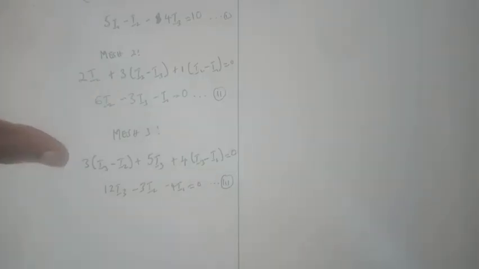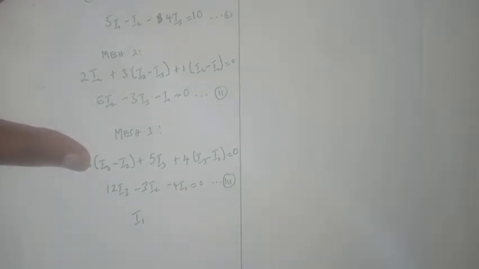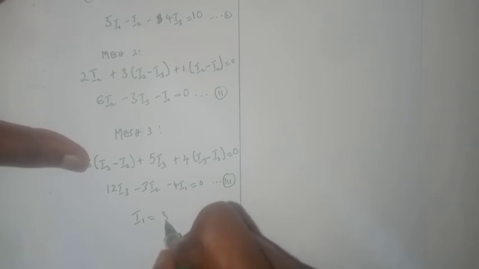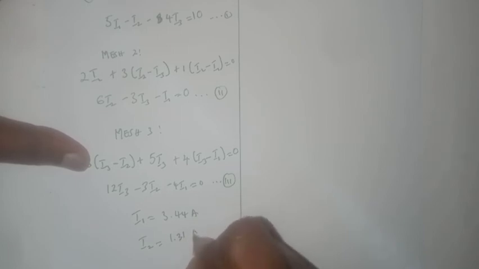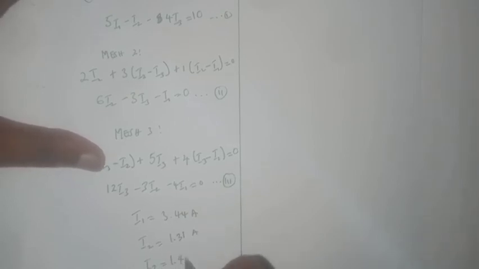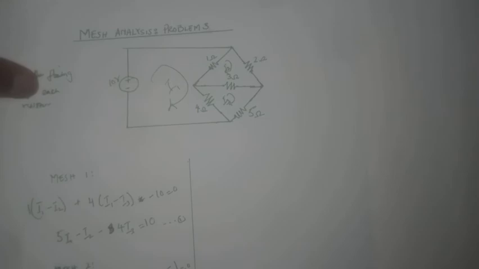We can then put this into our calculator to solve it simultaneously, and then we would arrive at the value of I1 to be equal to 3.44 amperes, and the value of I2 would be equal to 1.31 amperes, and the value of I3 would be equal to 1.48 amperes.